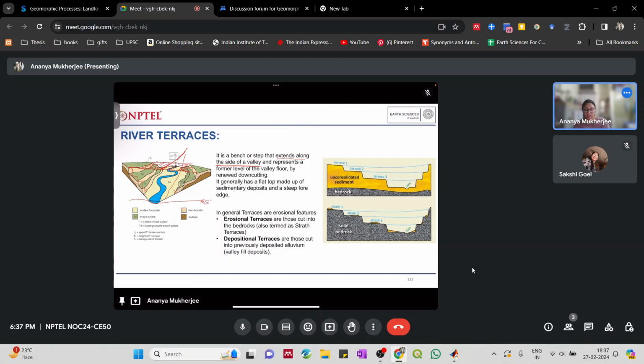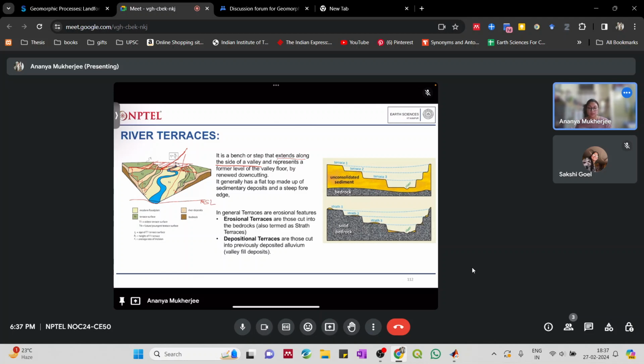With time, as we said, the lateral expansion starts occurring at an increasing rate compared to the uplift of that area. If there is no more upliftment happening there, the river itself does all the erosive work, and it will start broadening the river valley.